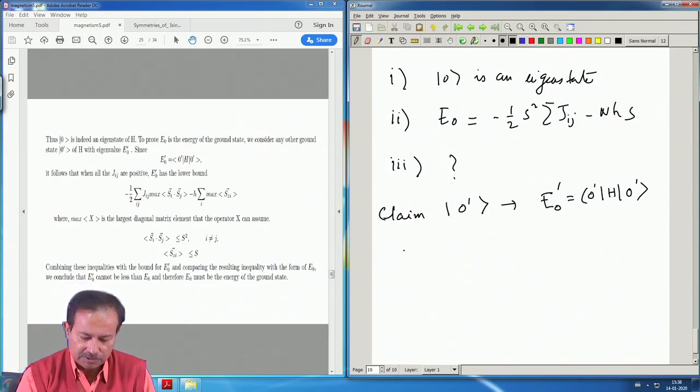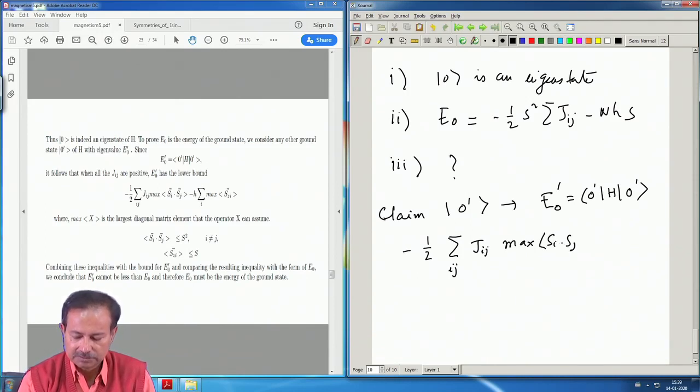Let us write the Hamiltonian again. If all the J_ij's are positive, which is what we are doing, then of course the lower bound of the energy is minus sum J_ij times the maximum value of S_i dot S_j, minus H times the maximum value of S_i^z.